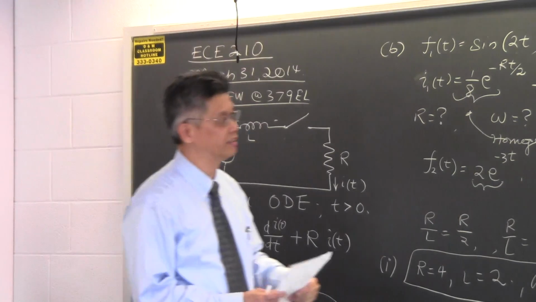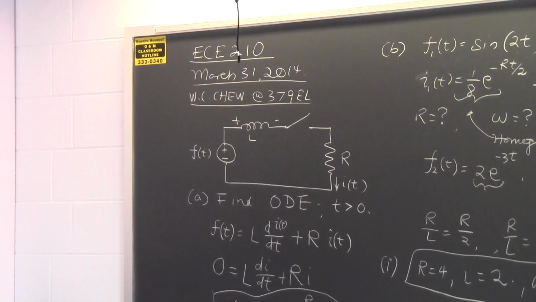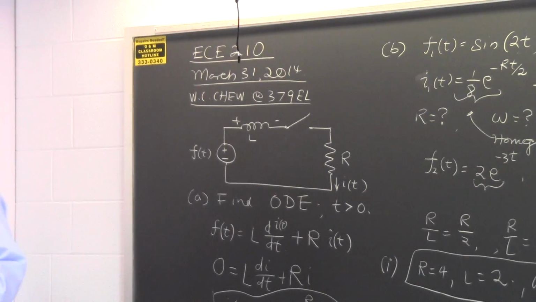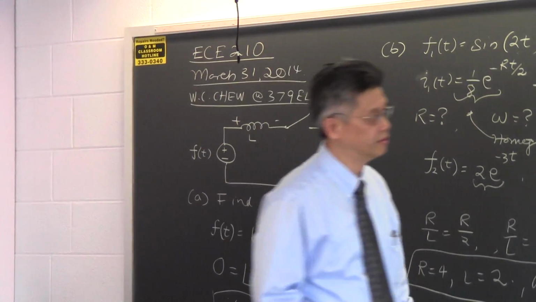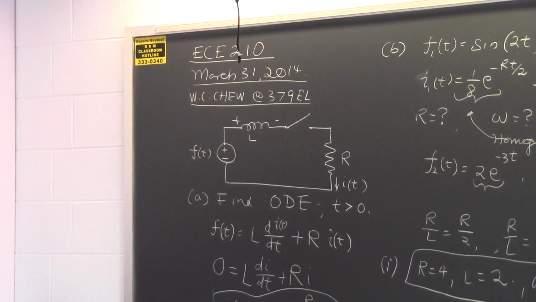Okay, but you are also given the fact that there's nothing at all at initial time. When you switch on the switch, there's nothing that happens. So if you were to put in this homogeneous solution, the homogeneous solution is A e to the minus R t over L, and the initial condition implies that A is equal to 0.